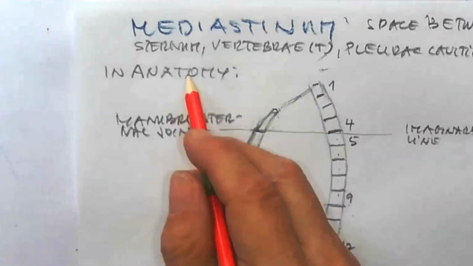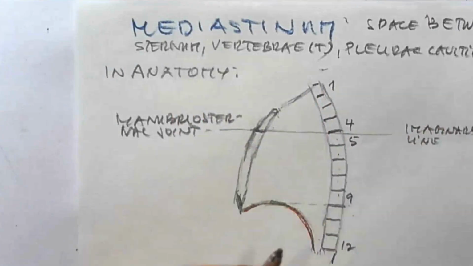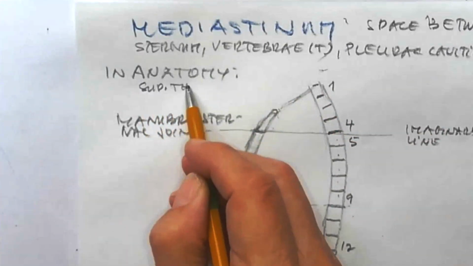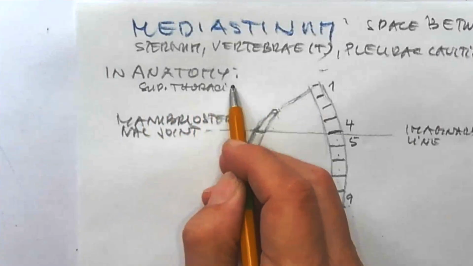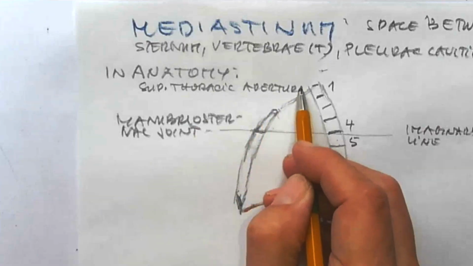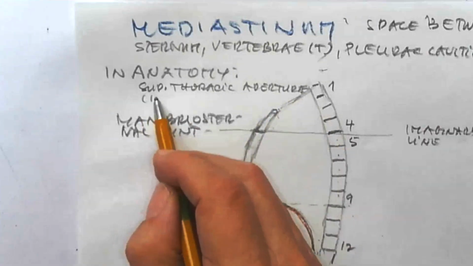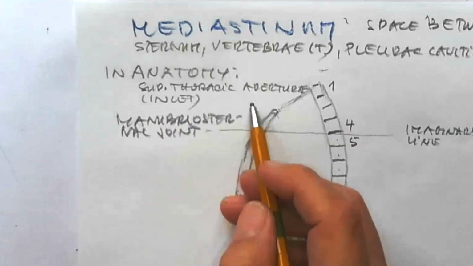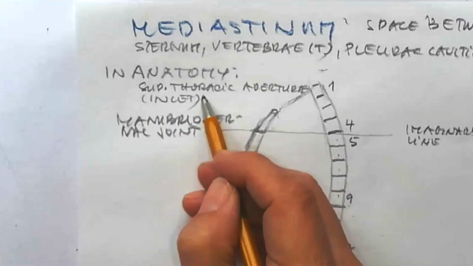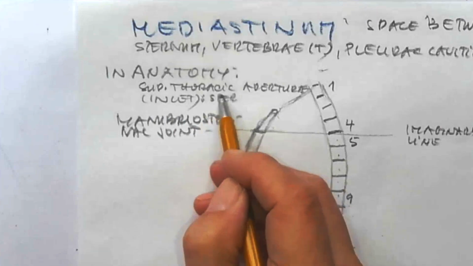First of all, we have to mention also the superior thoracic aperture, apertura thoracis superior, or thoracic inlet. It is bounded simply by the sternum. It's easy. Sternum.